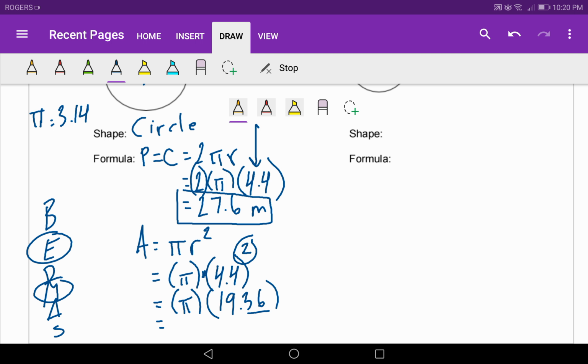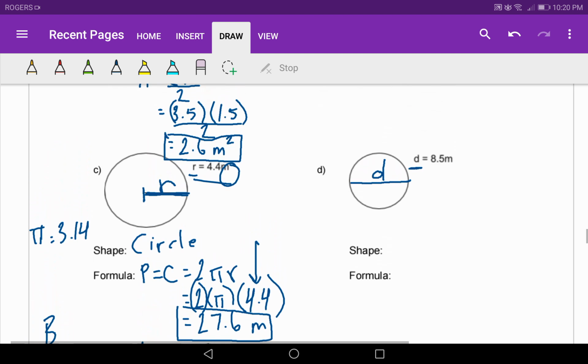That only has 1 decimal place. So my final answer I can show as 60.8 meters squared. When you're dealing with area, don't forget to square your units.